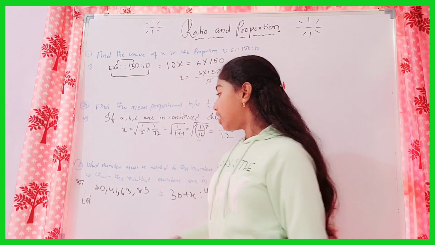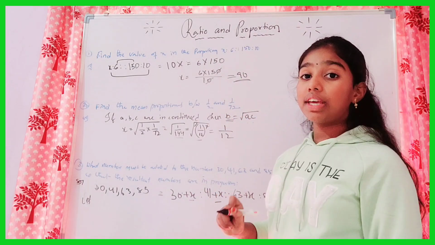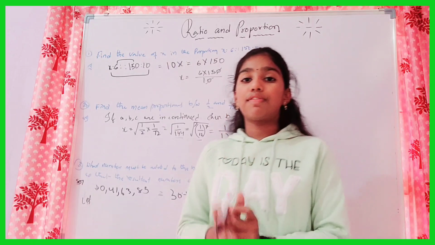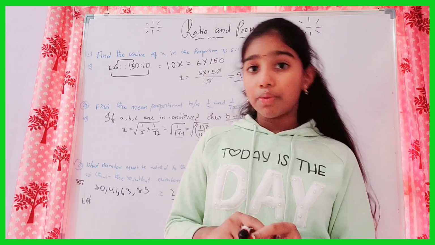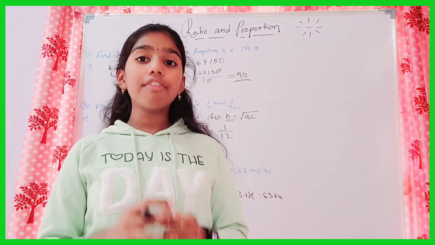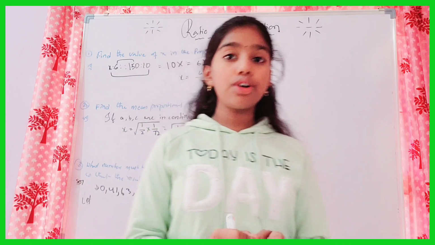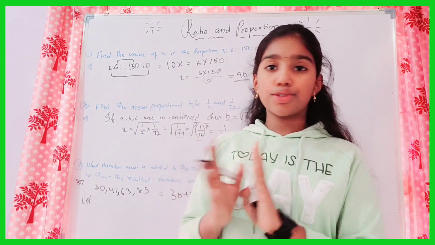Now here, if you observe 30 plus x, 41 plus x, we have to find out the value of x. We already know the formula: the product of extremes is equal to the product of means. These problems are so simple.